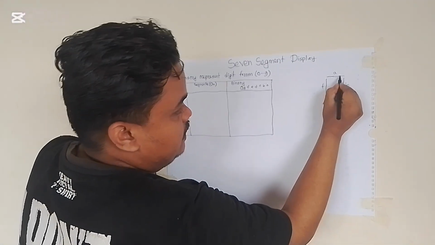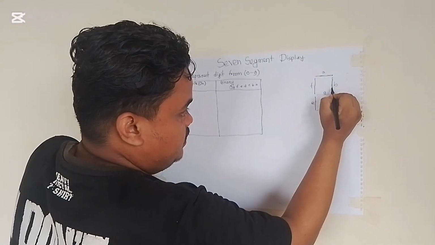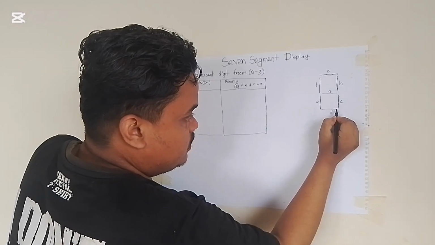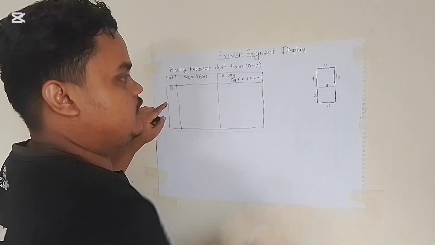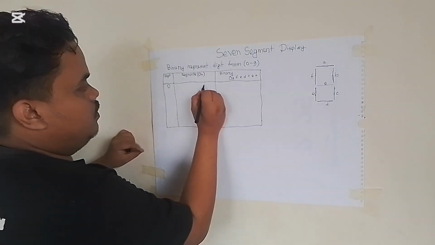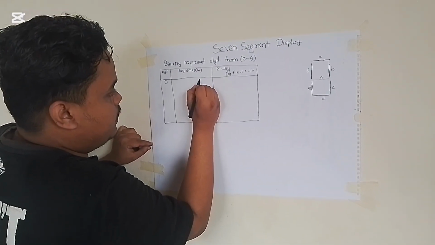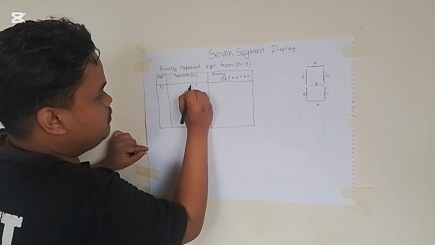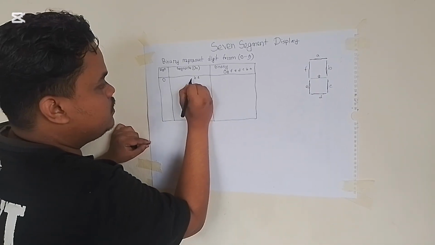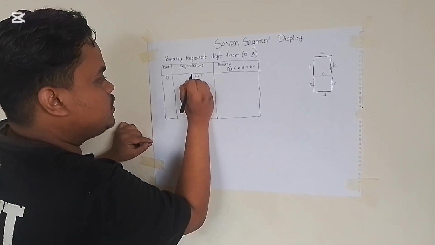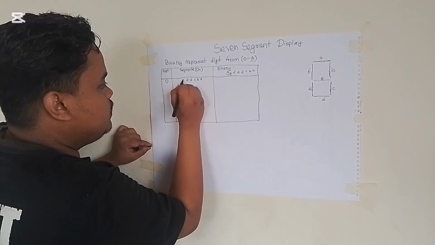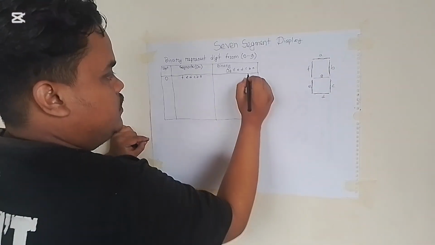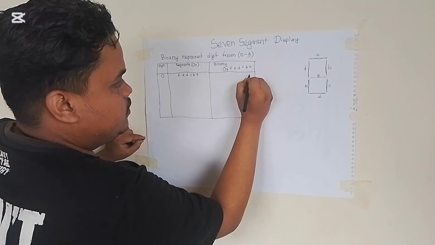here A segment, B segment, C segment, D segment, E segment and F segment are true. So we write here A, B, C, D, E, F, and the binary digits.